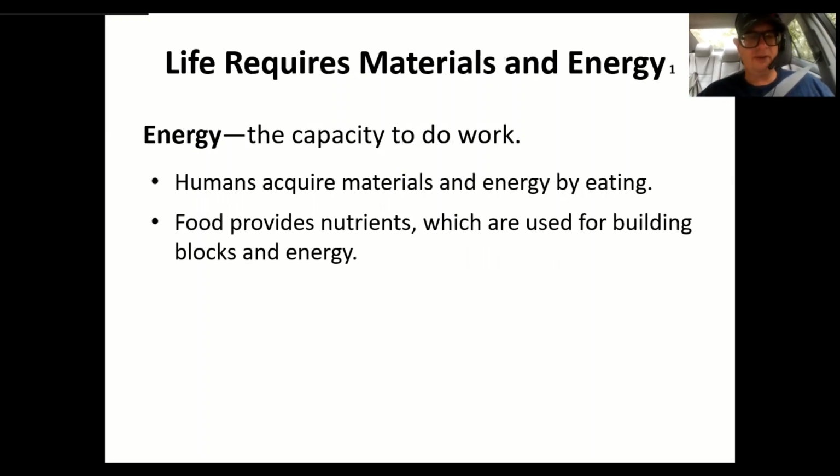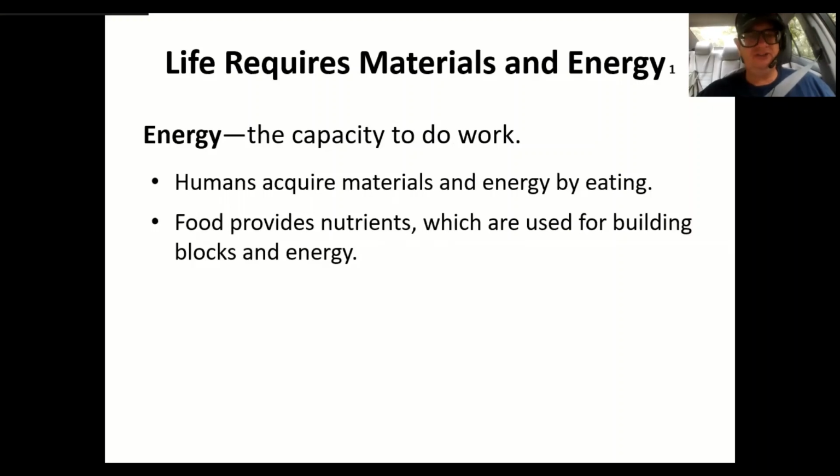So energy, the capacity to do work, is a basic physics definition. Most of the work that's happening in humans is pumping, is moving things around across membranes or through the body, or moving the body itself.